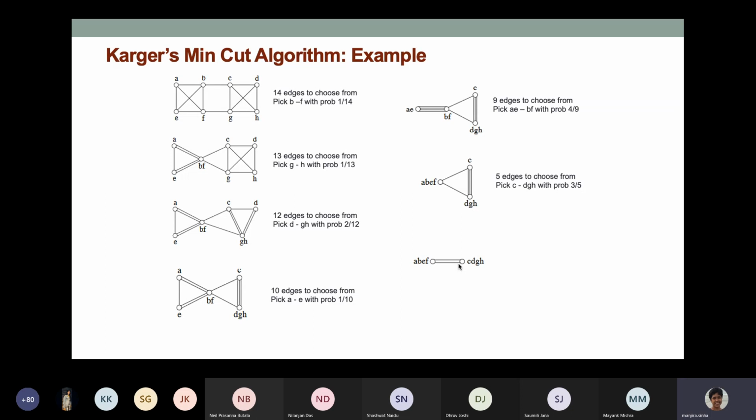We can ensure that we will always have the min cut clusters. Ma'am, if we are choosing randomly and we choose C and BF in the third last choice, then the cluster will be different. This one, right? Yes, ma'am.